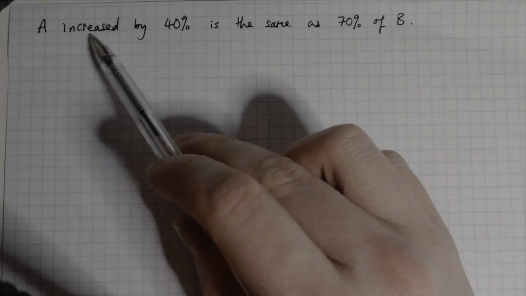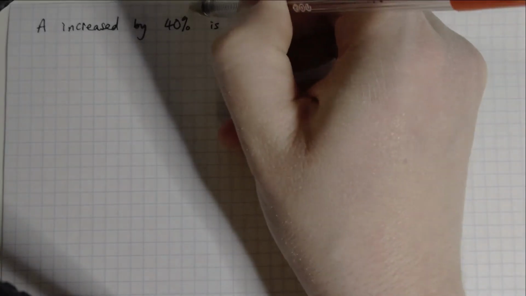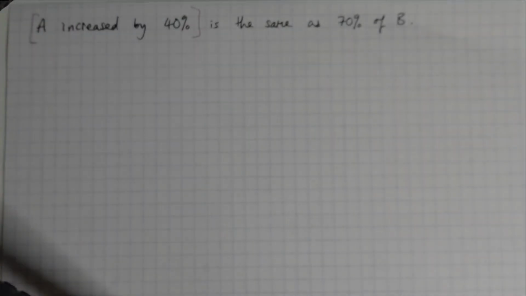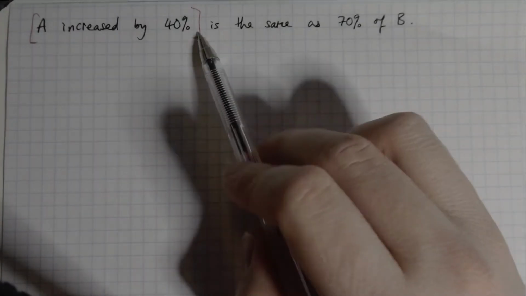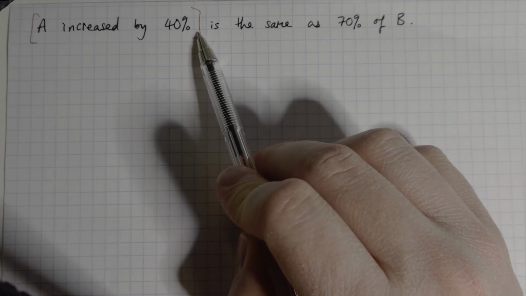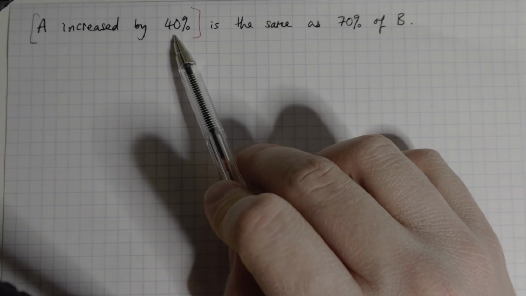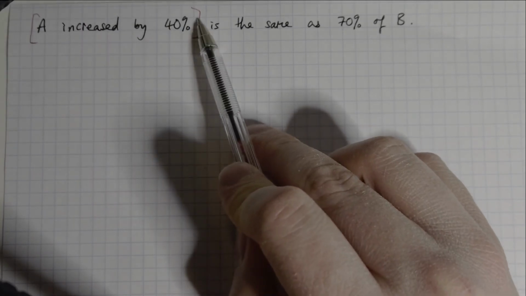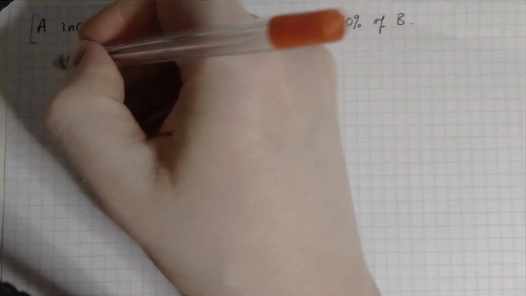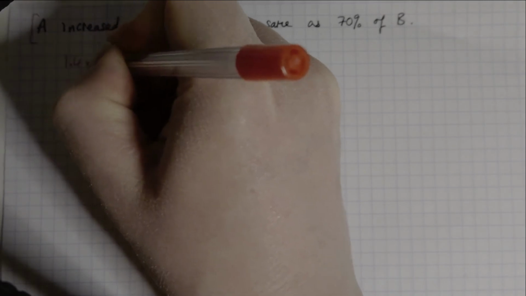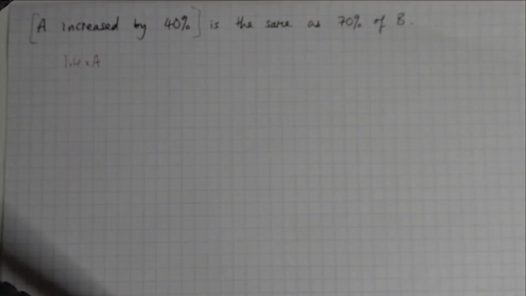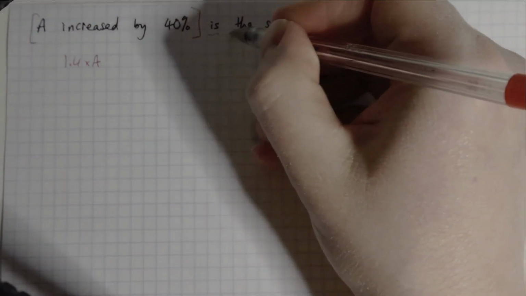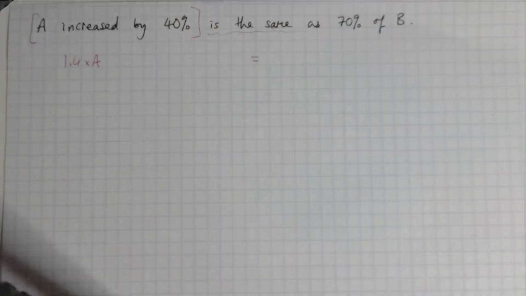So A increased by 40%. Let's think of that first of all as one object. To increase something by 40%, that's going to use the multiplier 1.4, because all of it, 100%, add another 40 is 140, and 140% as a decimal is 1.4. So I could say that's 1.4 lots of A, with or without the times sign, is the same as, well, that's an equals sign, isn't it?